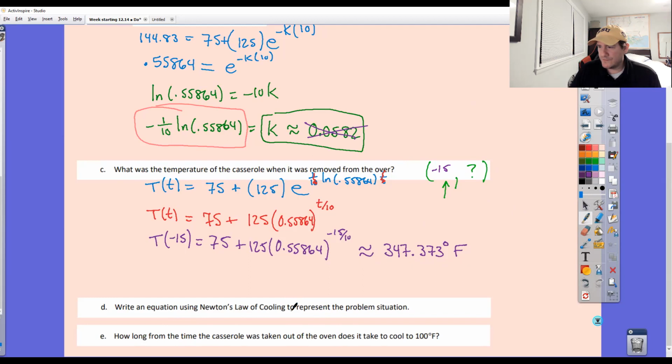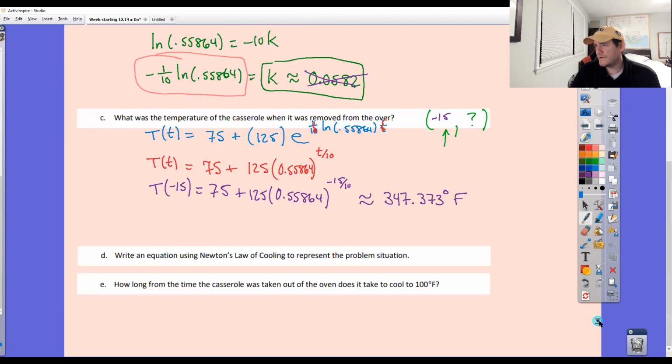Write an equation using Newton's law of cooling to represent the problem situation. Well, I already wrote one. What was the temperature of the casserole when it was removed from the oven? How were we supposed to do this? We had to write an equation already. I think what they're saying now is, why don't you go ahead and rewrite your equation using this new initial time? But I don't want to do that. I'm not going to. The equation I have is great.